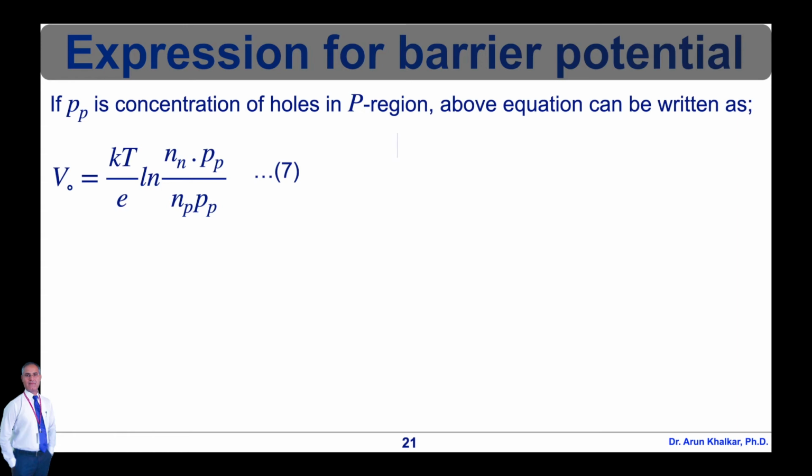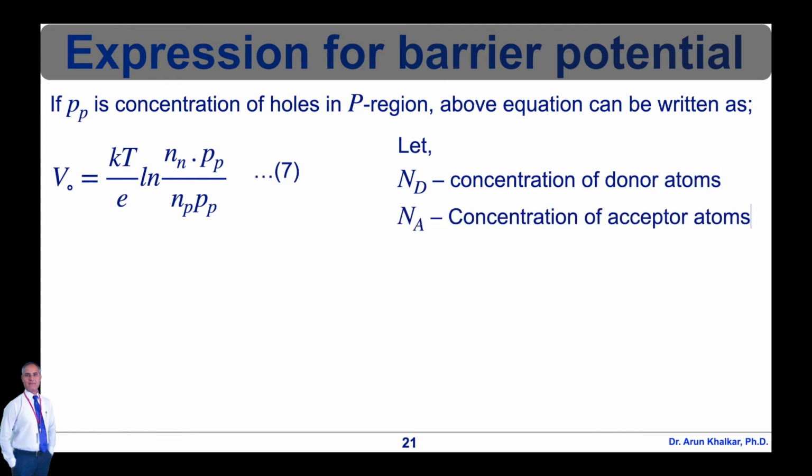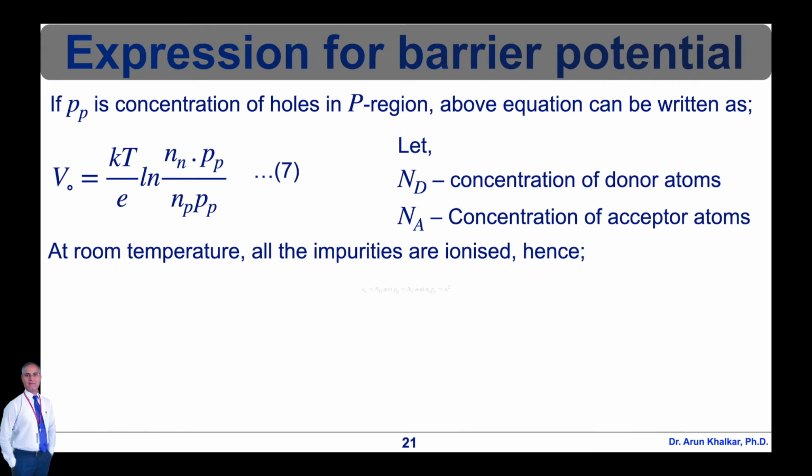Now let's consider capital N subscript D is the concentration of donor atoms and capital N subscript A is the concentration of acceptor atoms. Then at room temperature, all the impurities are ionized. Hence, we can write small nn is equal to capital ND, Pp is equal to capital NA, and Nn Pp is equal to ni square.